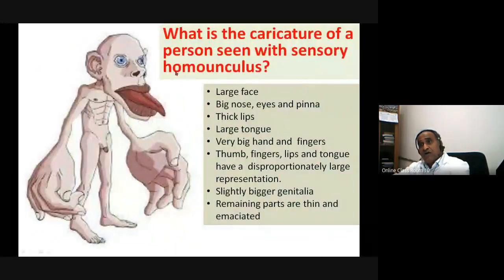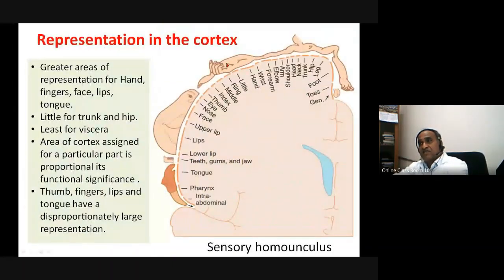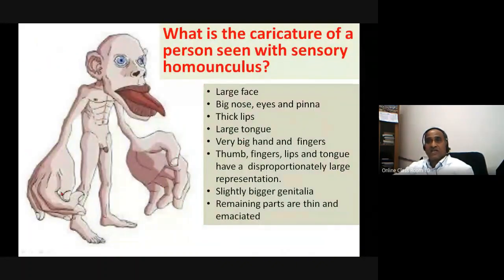So now, looking at that, suppose I extrapolate all these features and construct a caricature. What does this caricature look like? Very large face and a very large tongue. Eyes are protruding. Lips are thick. See, look at the lips, they are thick.